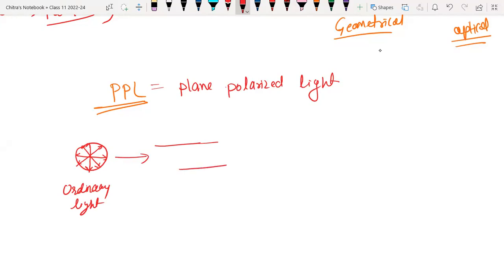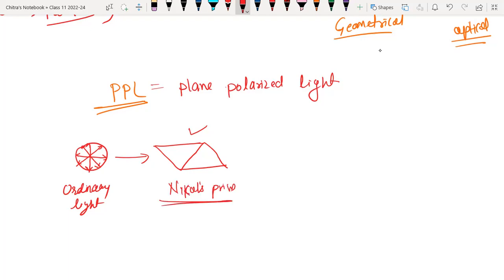Any idea about the Nicol prism? It is a type of device or prism which polarizes the light into the same plane. When two normal prisms are joined base to base, as you can see here, using Canada balsam, which is nothing but a type of adhesive, the resultant prism is called a Nicol prism.